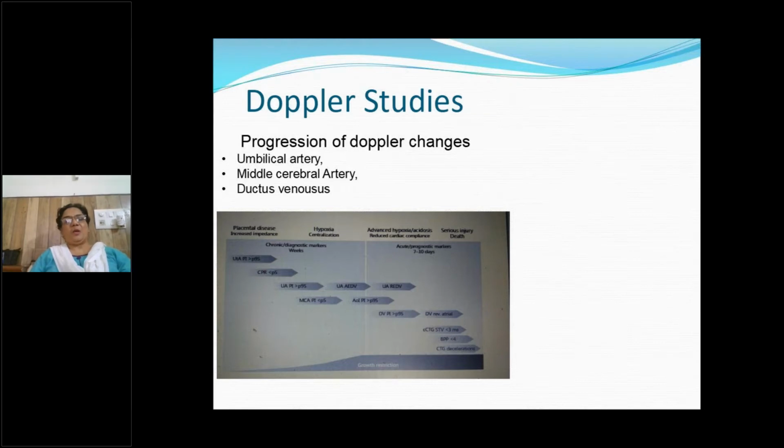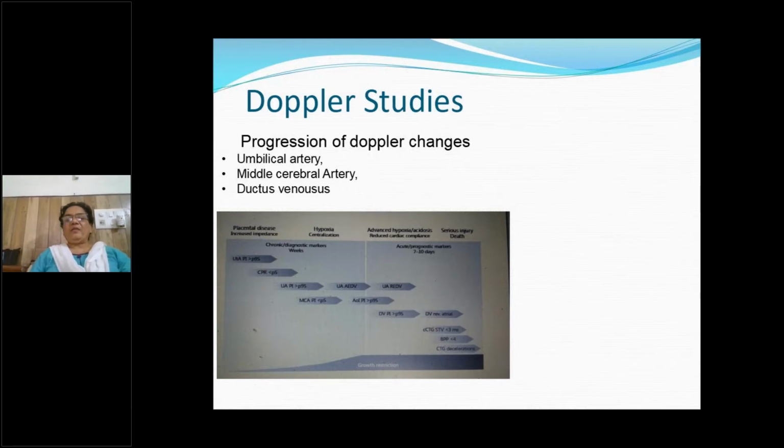That means we use the Doppler of the umbilical artery, which brings the blood from placenta to the fetus, the middle cerebral artery, which shows the response of the fetus to hypoxia, and the ductus venosus. Middle cerebral artery shows the early response of the fetus, or the centralization of flow, and ductus venosus shows the systemic response.